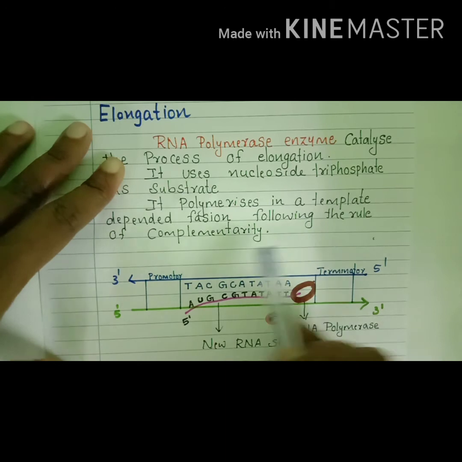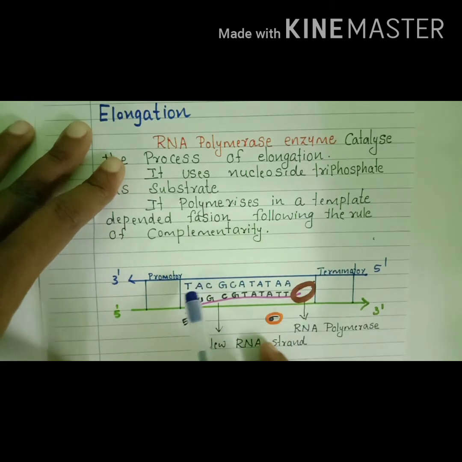What is the rule of complementarity? If thymine is present on DNA, on the RNA strand adenine will be synthesized, that means adenosine monophosphate will be synthesized here. Next, if the template strand consists of adenine, here it will synthesize uridine monophosphate.